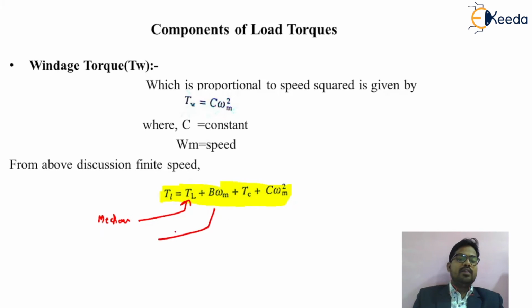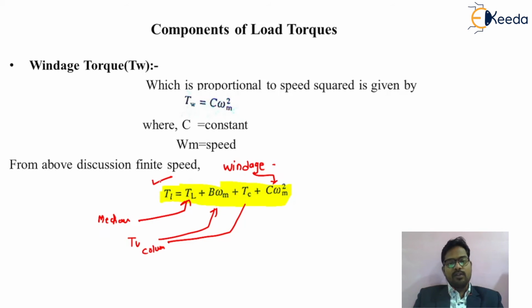B into omega m is TV, viscous friction. TC is the torque of the Coulomb friction, and C into omega m will be the torque of the windage torque.